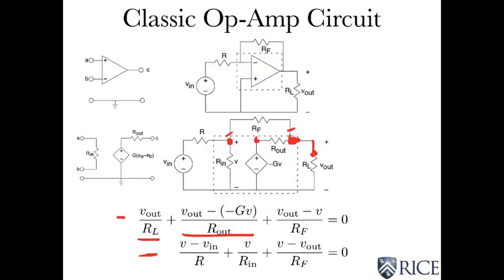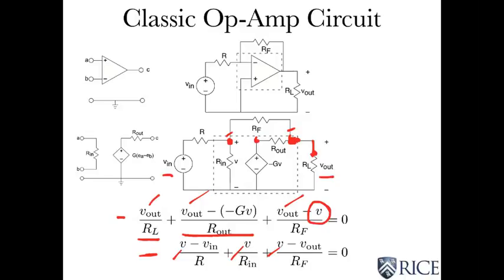As always, the node voltage has to come in with a plus sign for that particular node equation, and the other ones have to come in with a minus sign. So that all checks, so we're ready to go. We want to find the relationship between V in and V out, which means we have to eliminate the voltage V by combining these equations and simplifying.